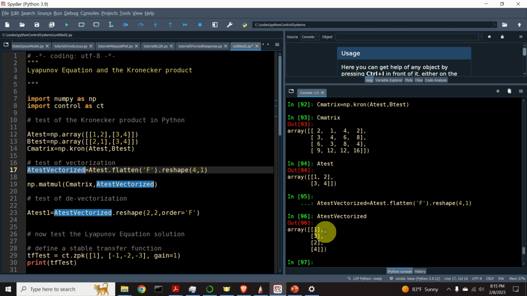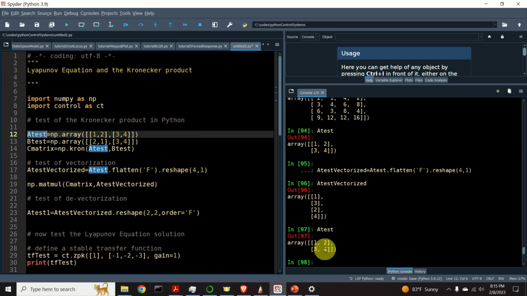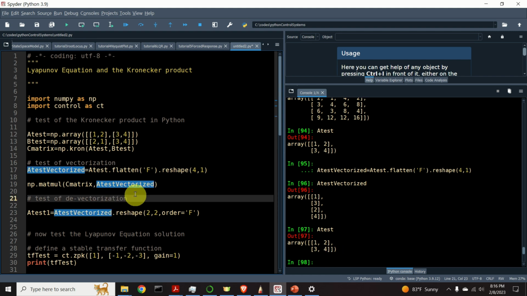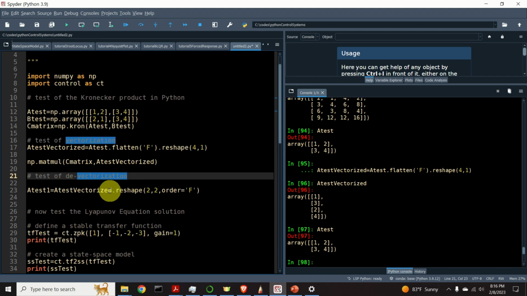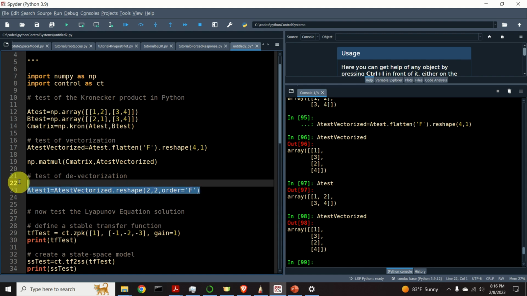Here's our A test vectorized, and here's the A test. Perfect. Now let's see how to devectorize a matrix in Python. Here's our A test vectorized, and let's try to form A test again. To do that, we use the reshape function. We specify the dimensions of the matrix 2 by 2, and we specify that the order is column-wise. Let's see the result.